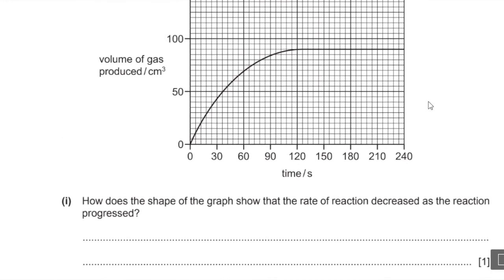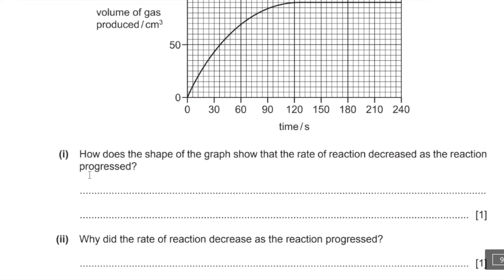So the rate of reaction is shown by the slope of the graph, or the gradient of the graph. The steeper the curve, the faster the rate of reaction. So the less steep it is, the slower the rate of reaction, and therefore the lower the value of the gradient of the curve, which represents the rate of reaction.